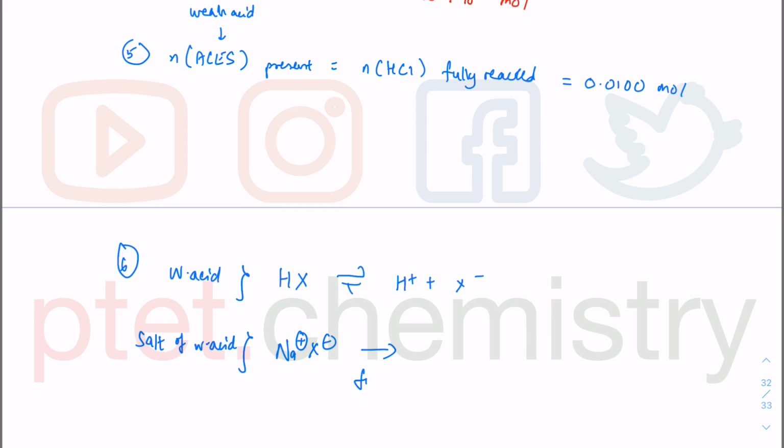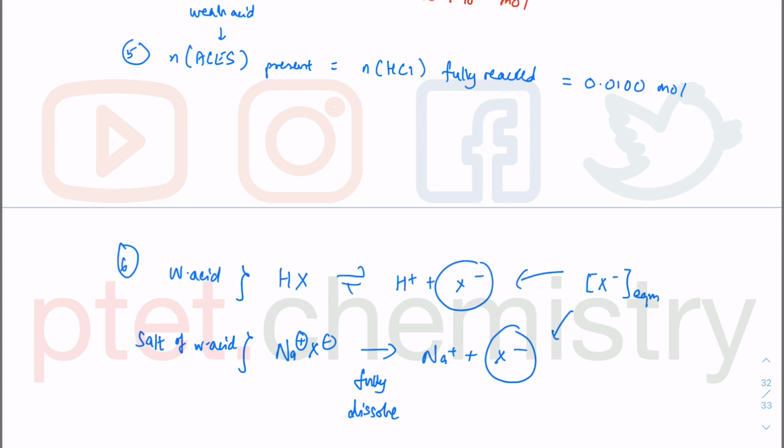This one fully dissolved, all the sodium salt dissolved in water, then you get Na plus plus X minus. Hope you can see that as a result of these, since this is in equilibrium and this is fully dissociated, the mole of X minus at equilibrium is going to be roughly equal to the X minus from the salt.